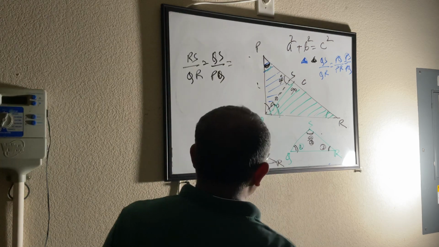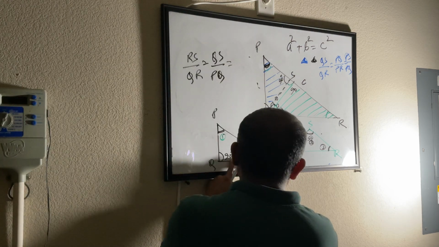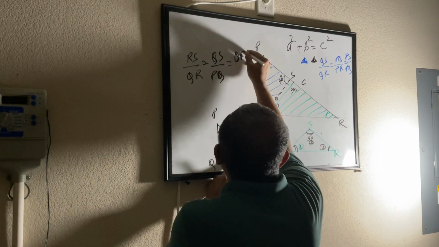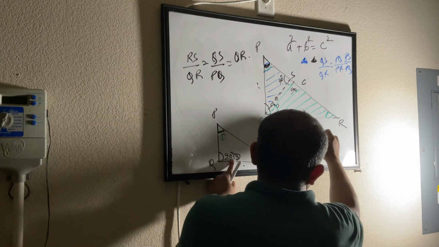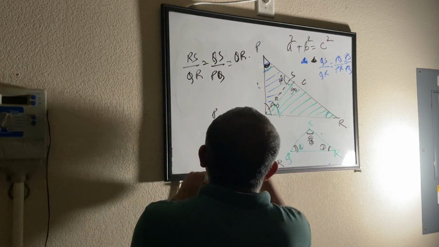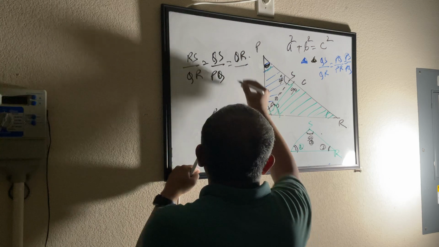Will be equal to the third angles' ratio, this one and this one. Third angle is this one, side opposite this is QR, and third angle is this one, PR.